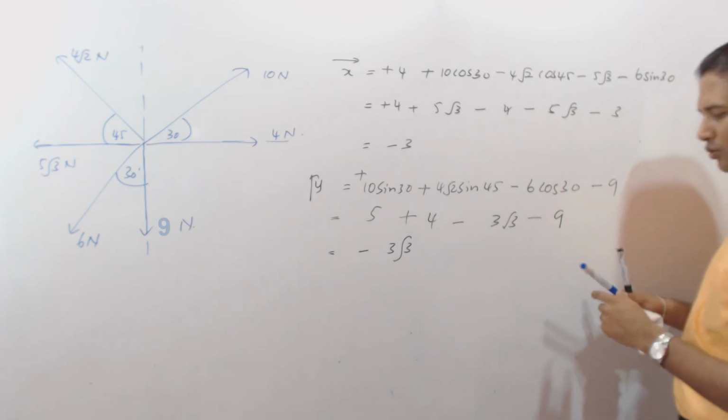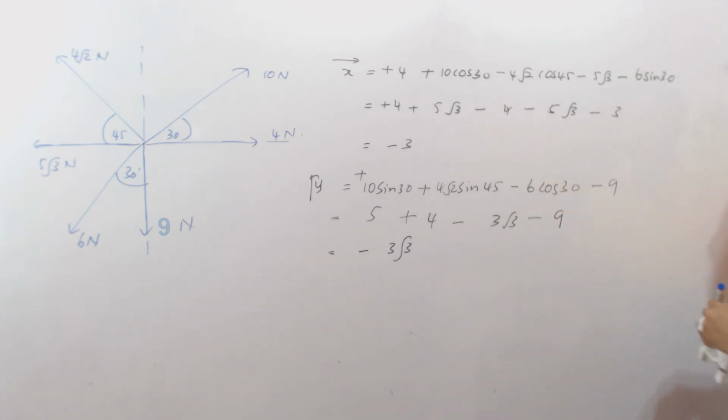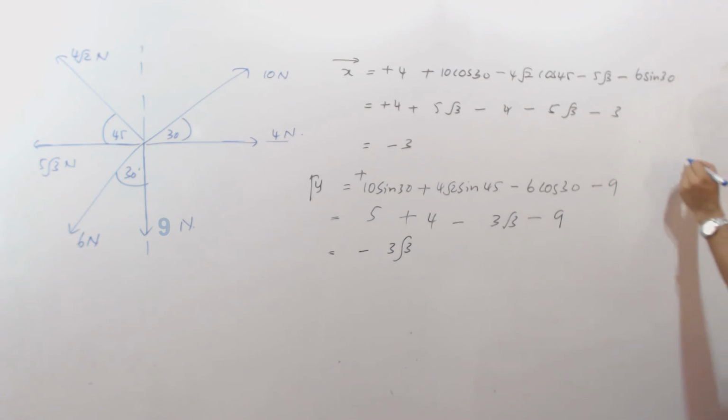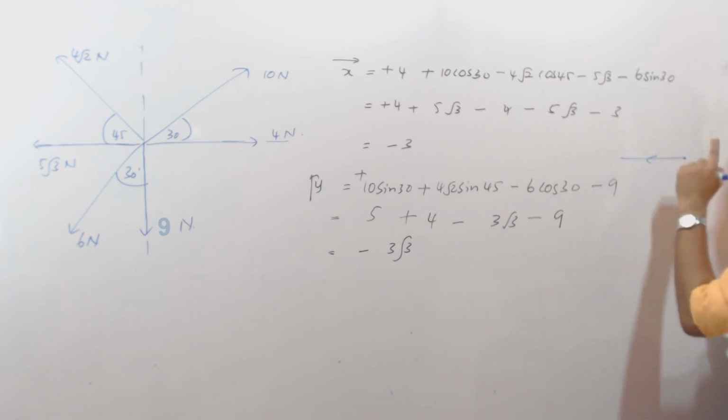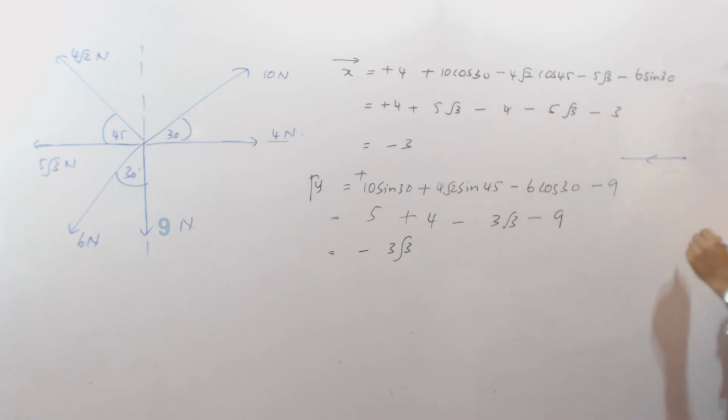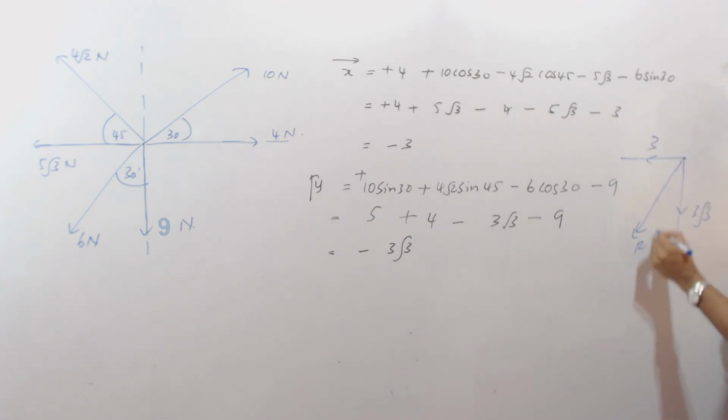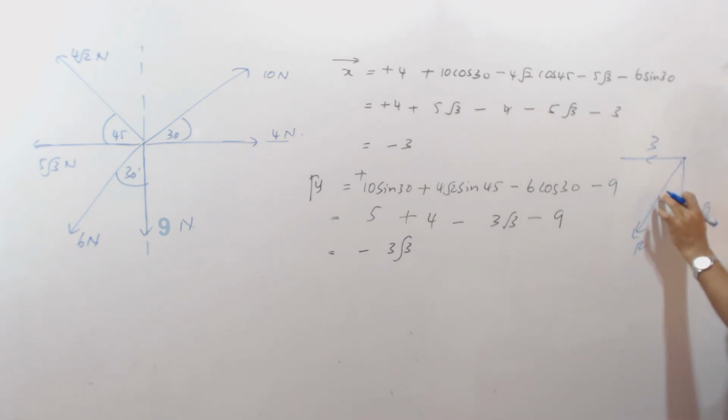Then in order to get the resultant, what you have to do is consider 3 along the x-axis towards the left hand side and 3 root 3 along the y-axis but downwards. Then you can take the resultant as well as the angle.